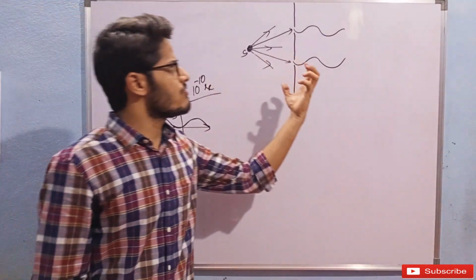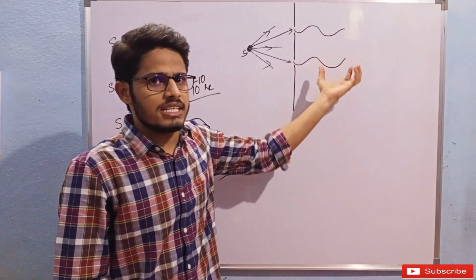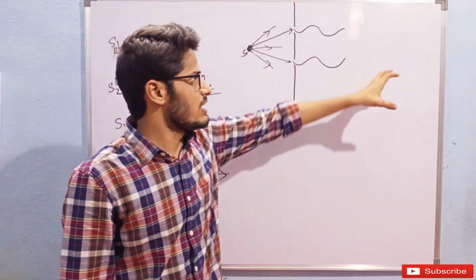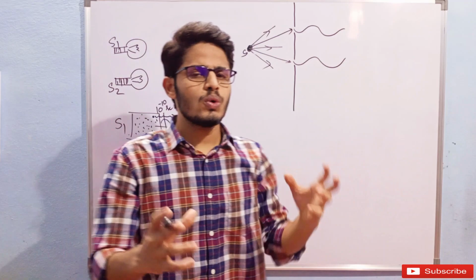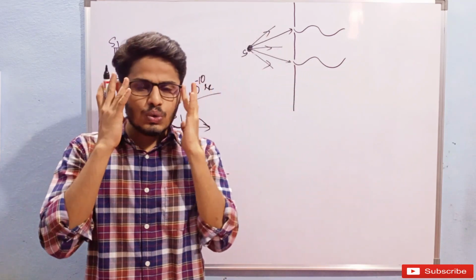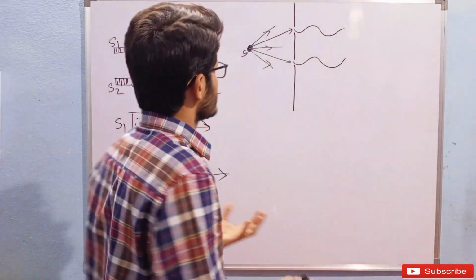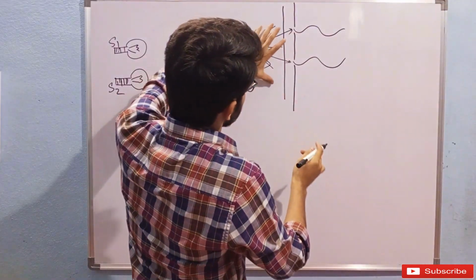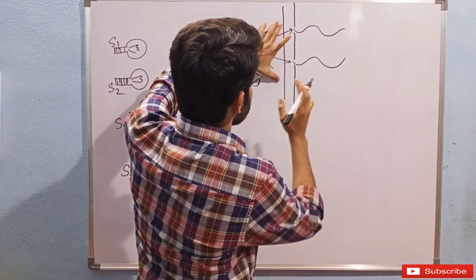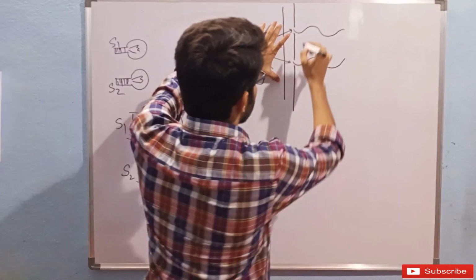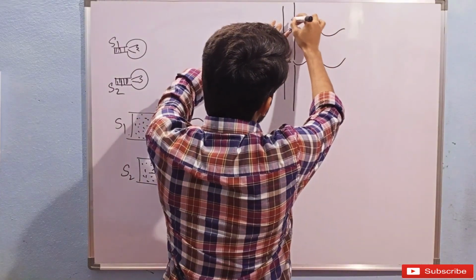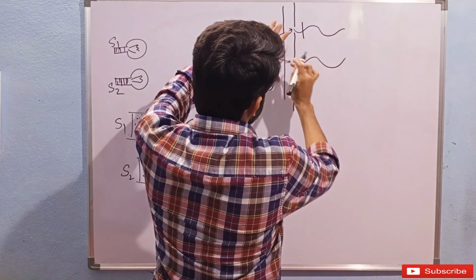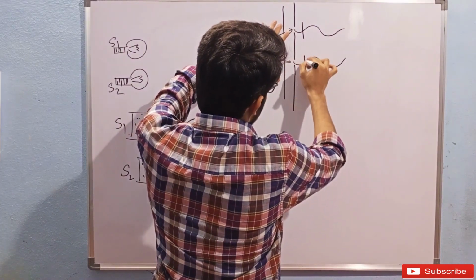This type of interference pattern which we get on the final screen is known as interference due to division of wavefront. We have a wavefront, and we split this whole wavefront into two parts. One part comes out from here, the other part comes out from here.